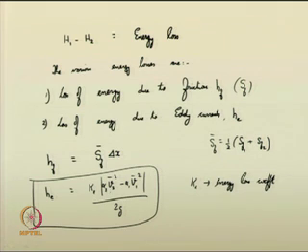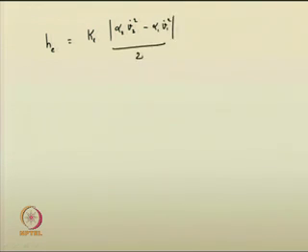Please note that here we are going to take the magnitude of the difference between the velocities. So, as I mentioned, KL times alpha 2 V2 squared minus alpha 1 V1 squared by 2g. This is the modulus of this difference.